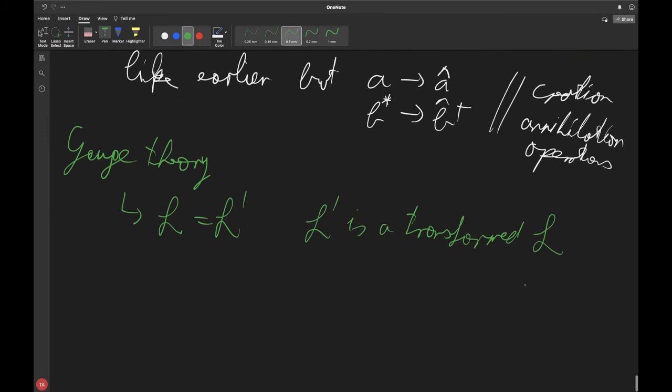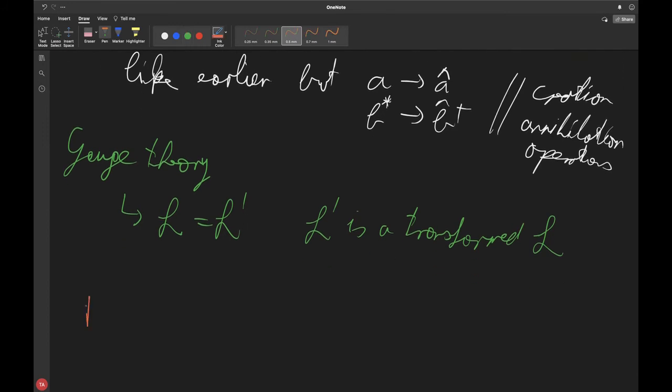So we could say, as an example, the magnetic field is calculated from the vector potential A as the curl of it.